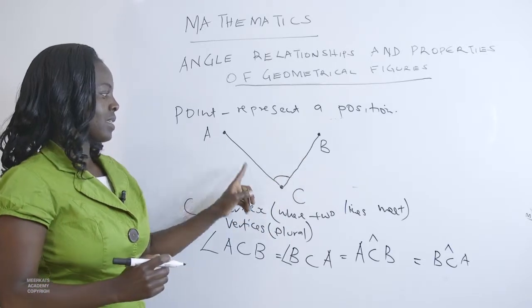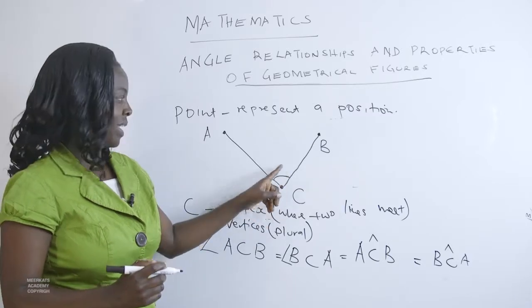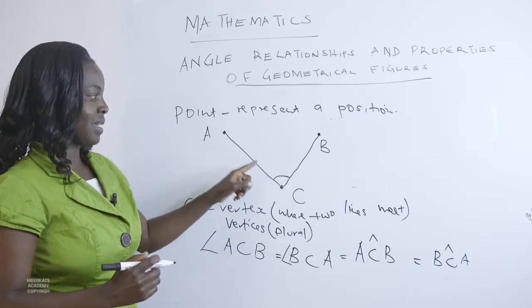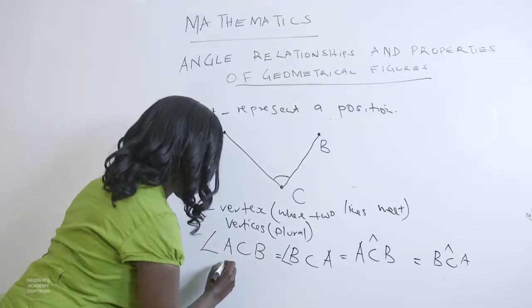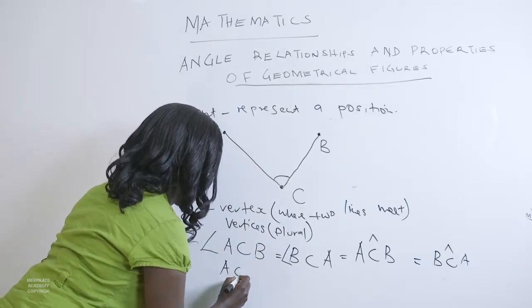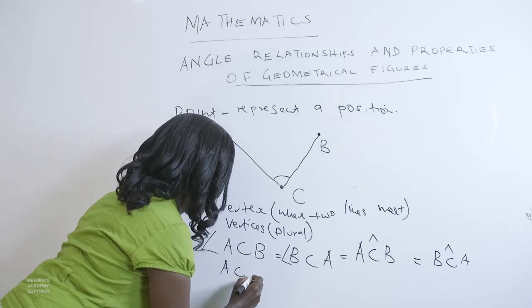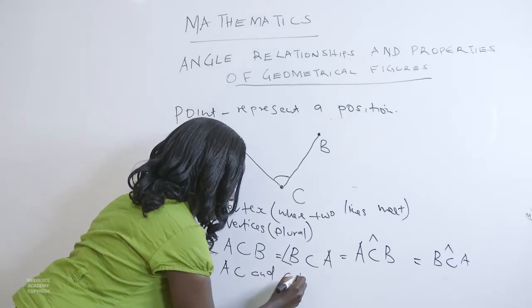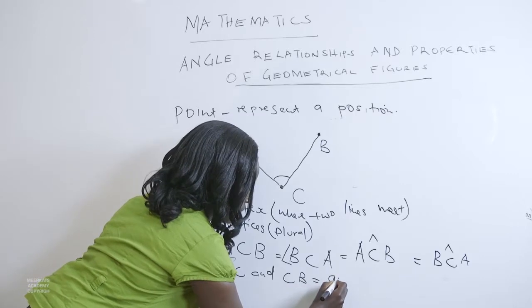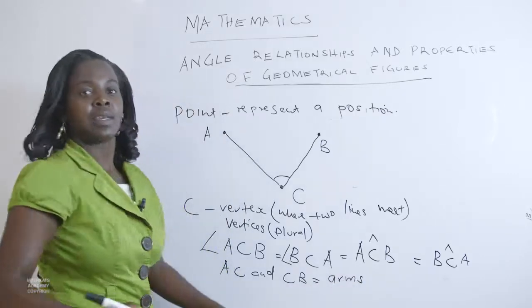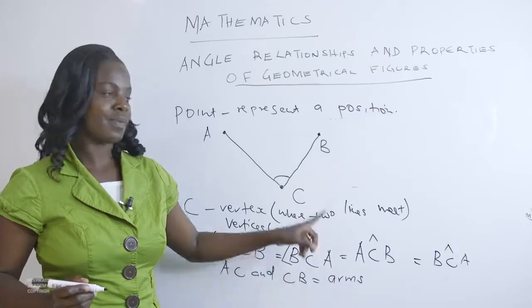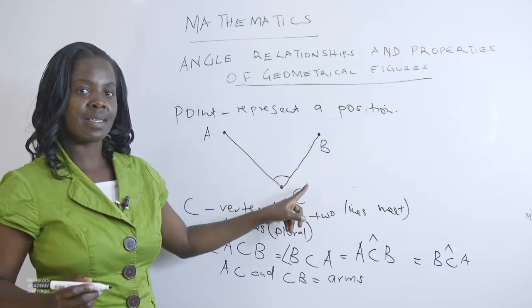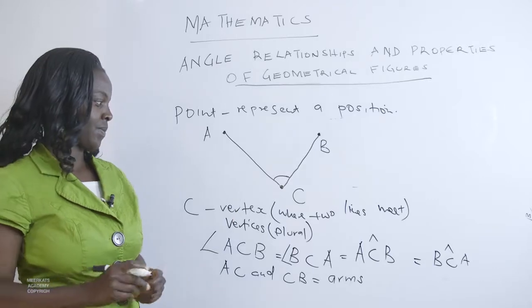When we joined these two line segments to form an angle, this AC and CB are also called arms. The arms AC and CB.